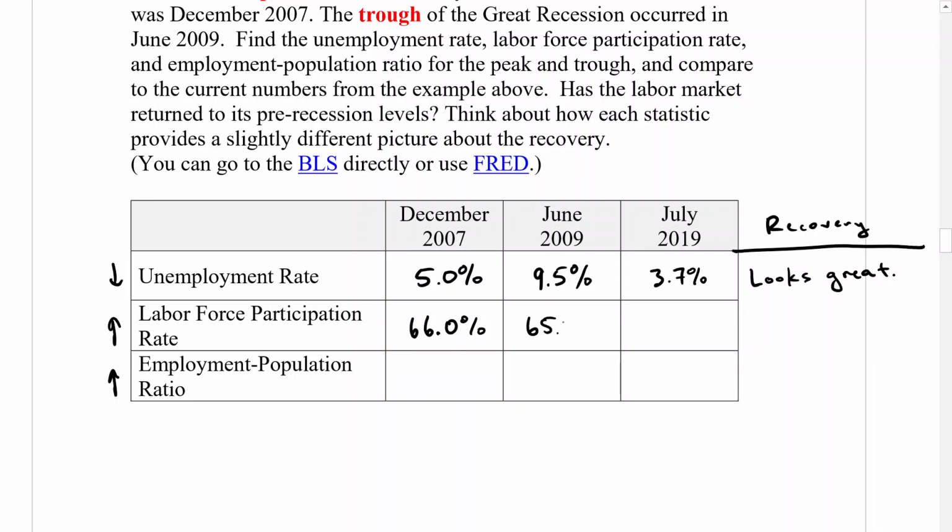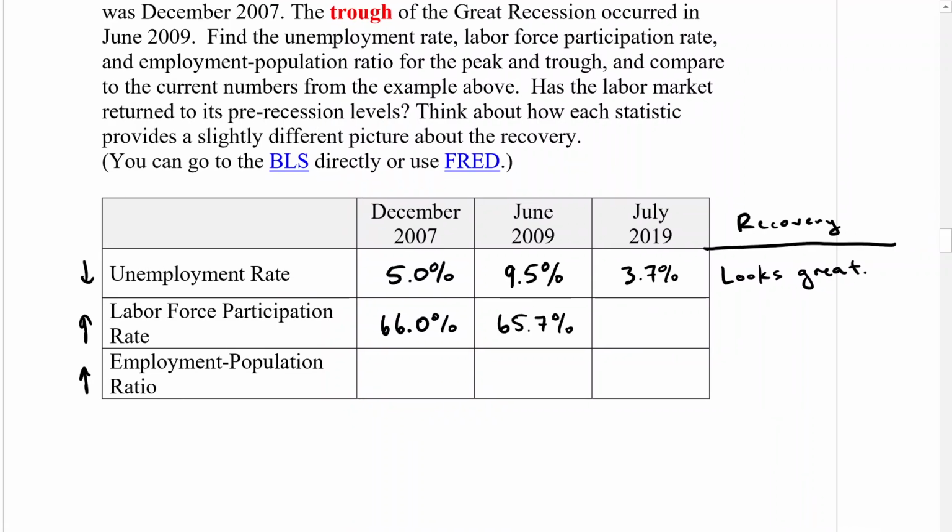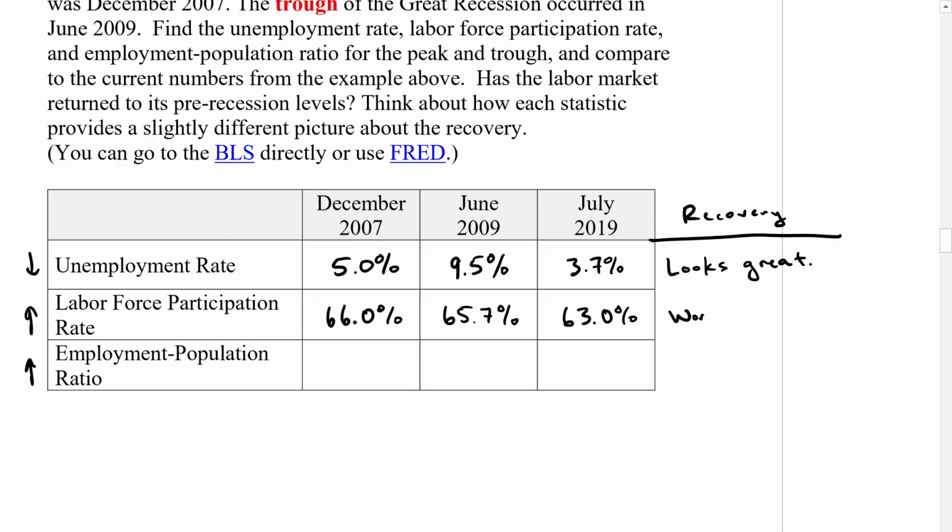So it went down to 65.7%. And then throughout the decade, the 2010s, we actually didn't see a recovery. It went down to 63.0%. So actually, it's worse than before the recession.